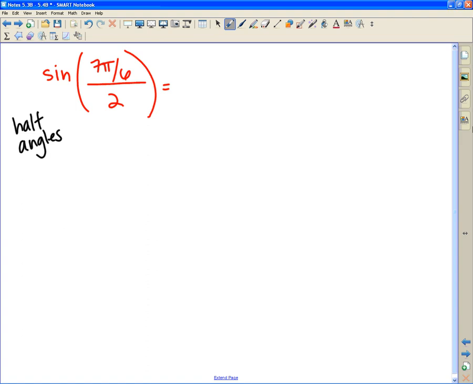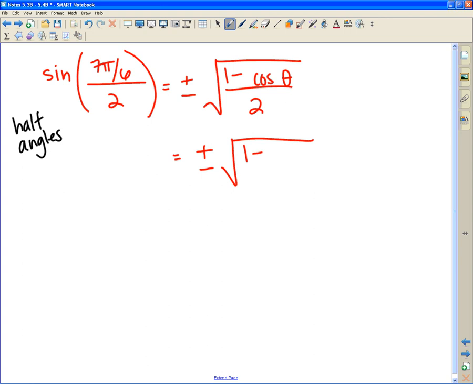The answer to this problem or identity is plus or minus the square root of 1 minus the cosine of theta divided by 2. And I'm double checking. Plus or minus square root of 1. Now, remember what our theta was? Plus or minus the square root of 1 minus the cosine. Your theta is sitting right here, hanging out right on the top. It's 7 pi over 6 divided by 2.